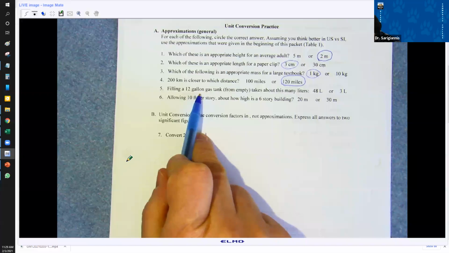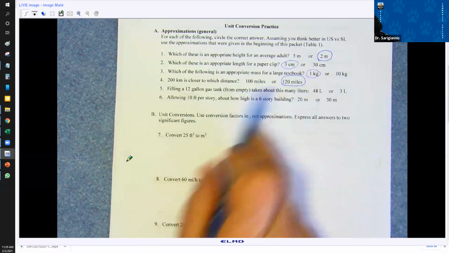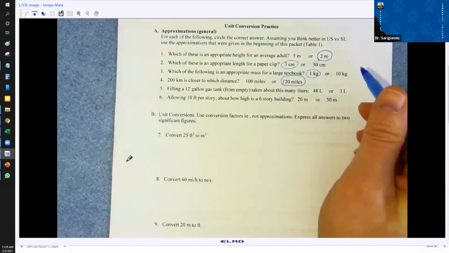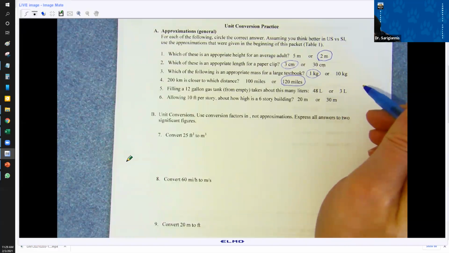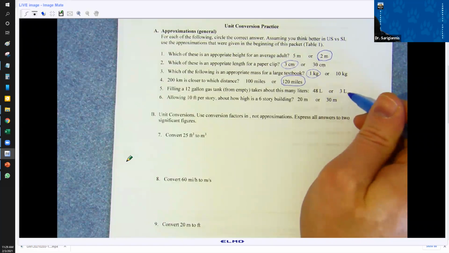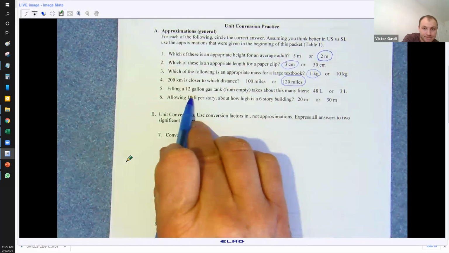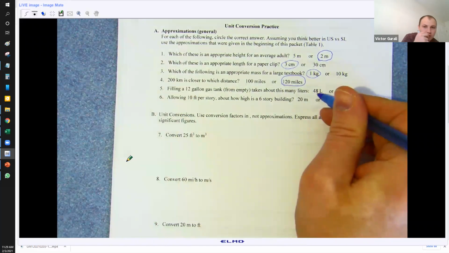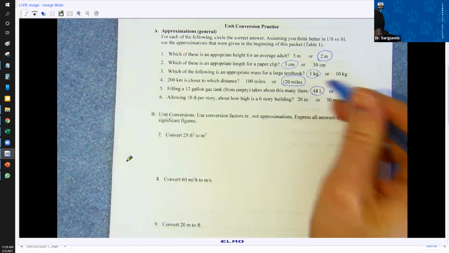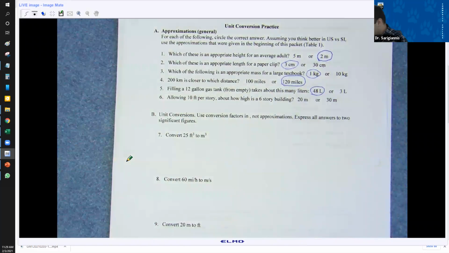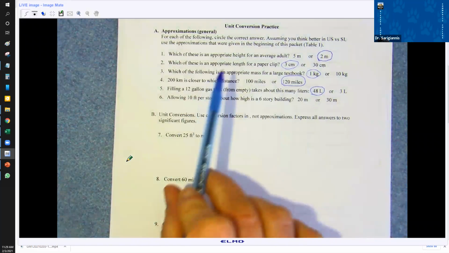12-gallon tank, filling that from empty takes about how many liters? 3 liters? Yeah. 12-gallon tank. Oh, sorry. I think the other way. So this is again order of magnitude, thinking the other way.